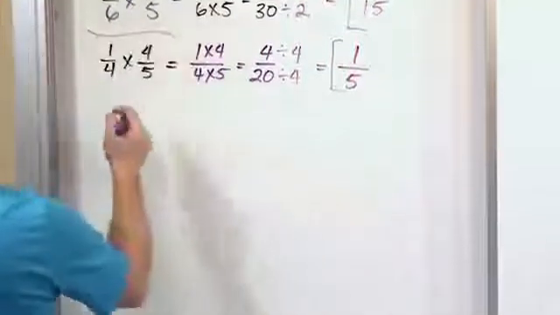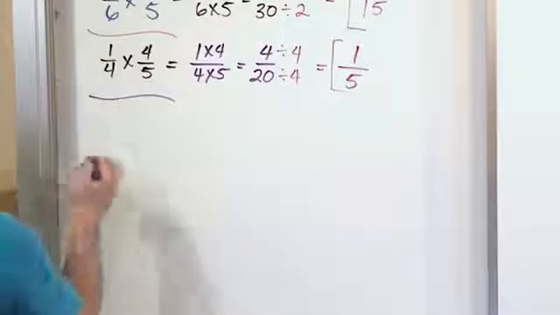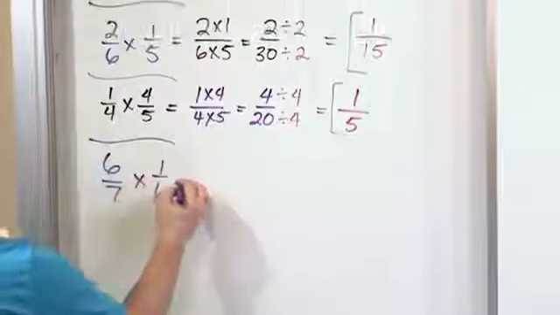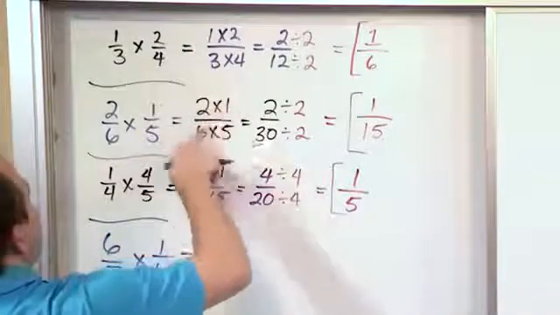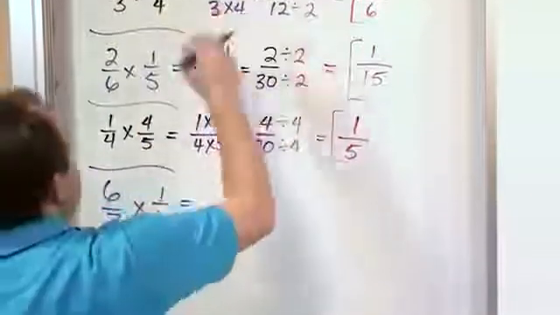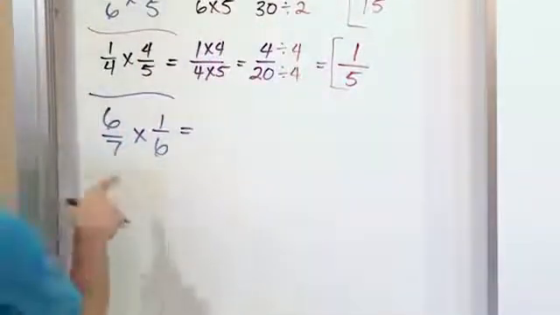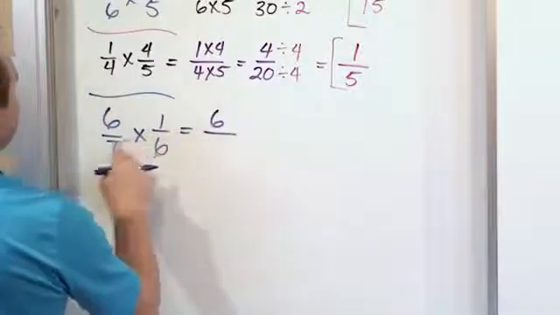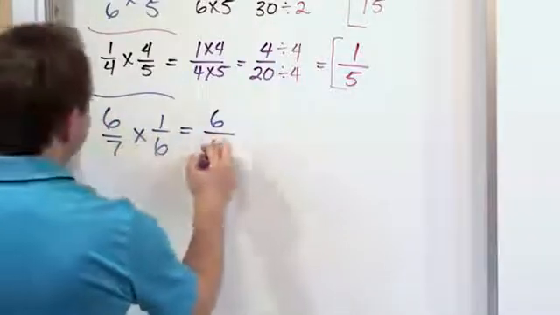All right, so cruising right along, just getting a little extra practice. What if we have the fraction 6/7 times 1/6? Now, all up until now, I've been writing it down, multiplying the top, multiplying the bottom. I've been writing it out and then doing the calculation. By now, you should know that all you have to do is take 6 times 1, and the top will give you 6. 7 times 6 will give you 42 in the bottom.